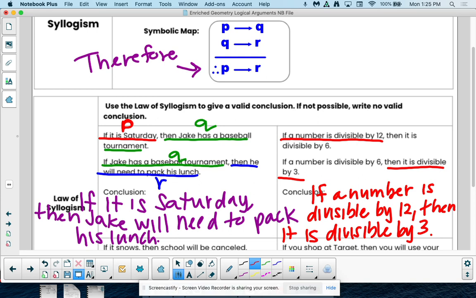Okay, you guys try the next two. And if it helps you to label your P, Q, and R, do that. You'll make way less mistakes.